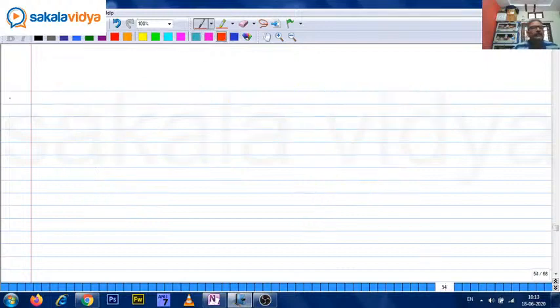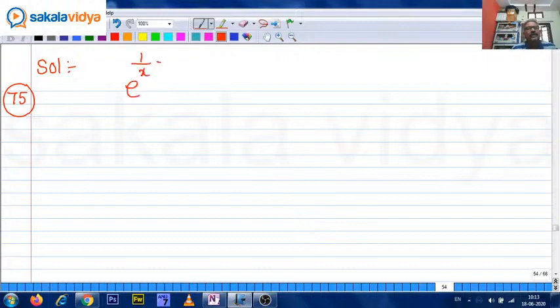Solution. So what is given here? E power 1 by x minus 1 less than 1. This 1 you can write as e power 0 equals 1. So e power 1 by x minus 1 less than e power 0.